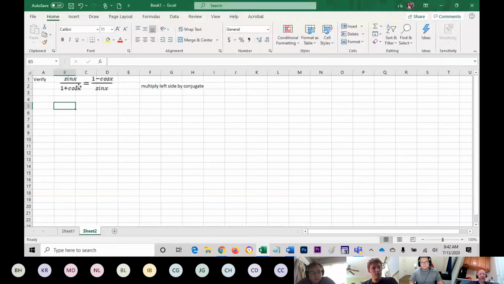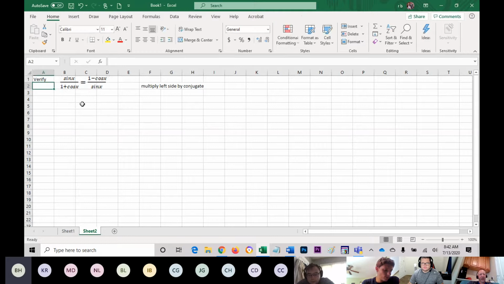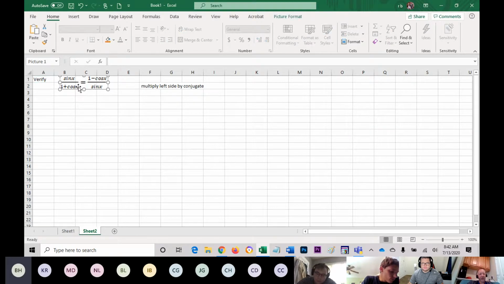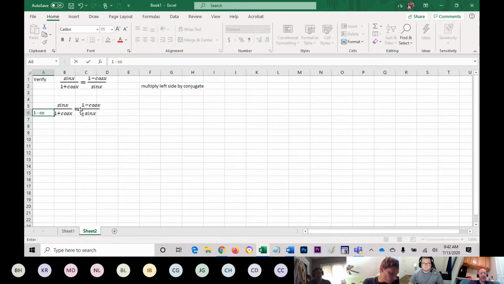Okay. So can you give me a good definition of a conjugate? Because you know what it is, you just don't know how to describe it. I guess it just is the opposite of the denominator. Yeah. Essentially, the denominator is the same as this, except the middle sign is going to be the opposite sign.